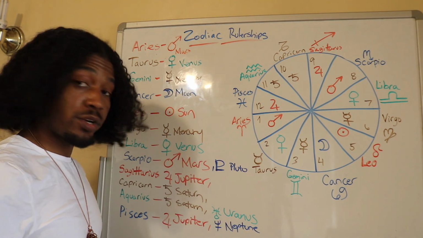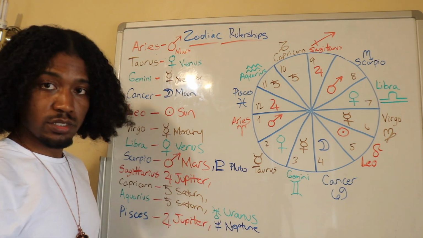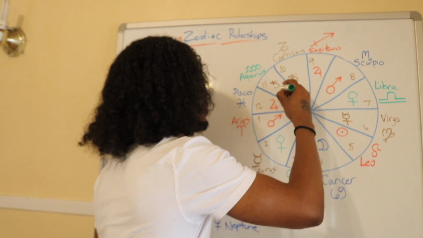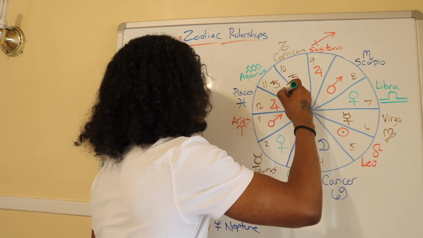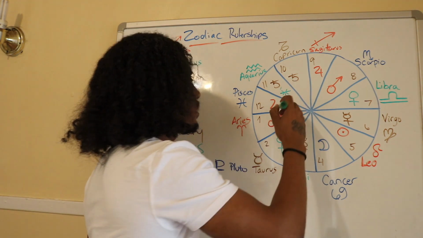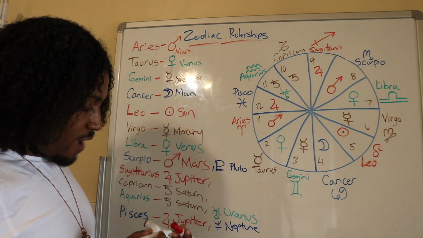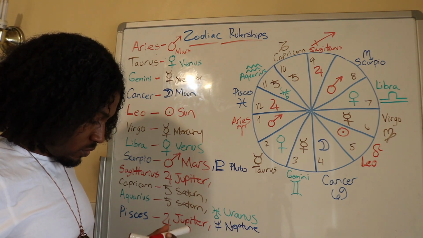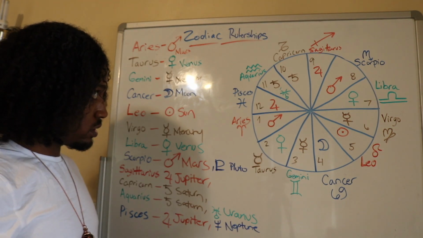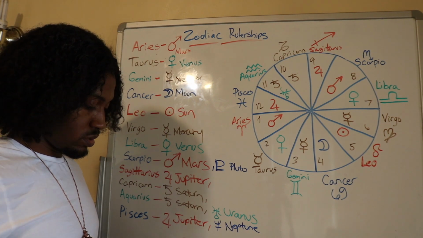So we said Aquarius, right down here, is governed by Uranus. Right? Uranus is that next outer planet. So we're gonna put Uranus over here, right? And Aquarius, right? After that, we're going to put, let's see, Neptune.